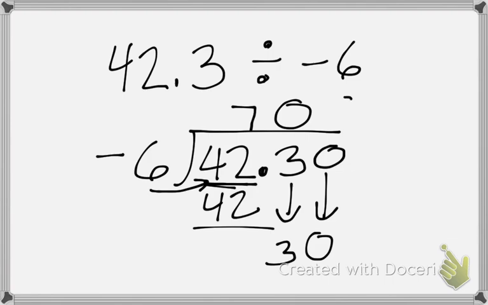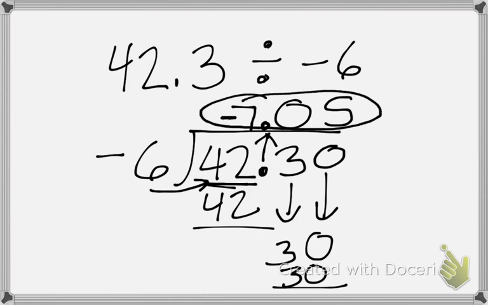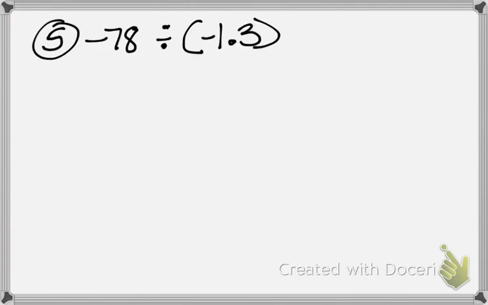Now 6 will go into 30 5 times. 5 times 6 is 30. Now that we have no remainder, I know I'm finished. I'm going to shoot my decimal straight up here, so it's 7.05. And then because it was a positive 42 divided by a -6, my final quotient is -7.05.